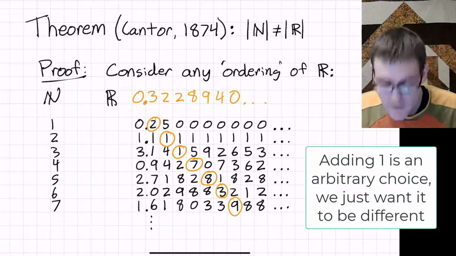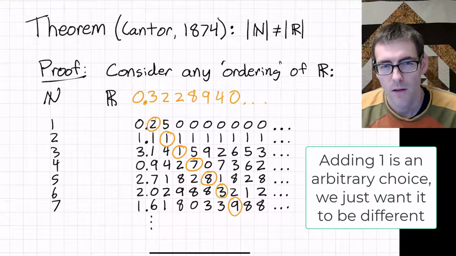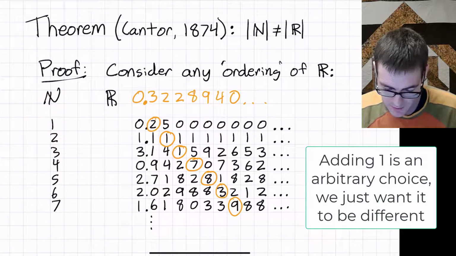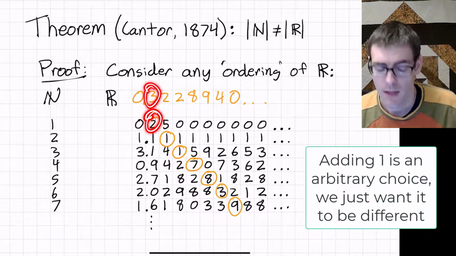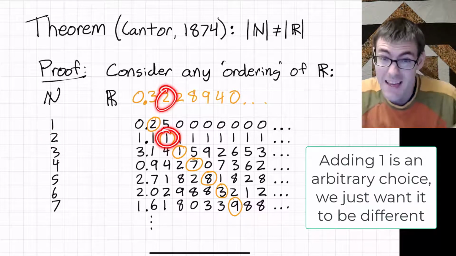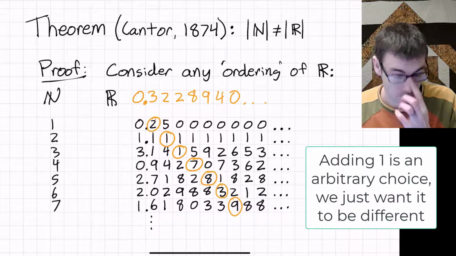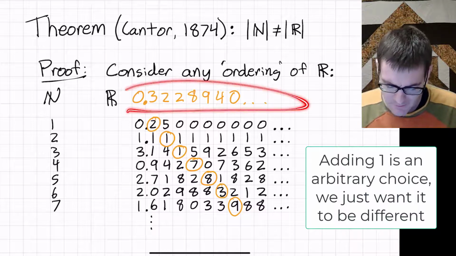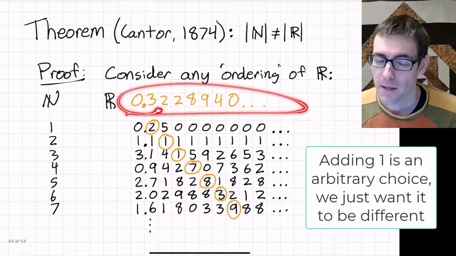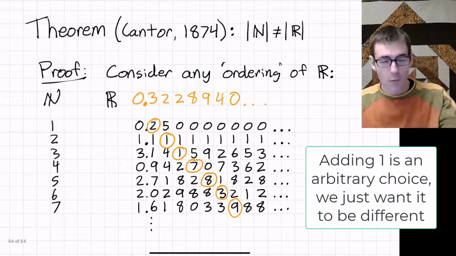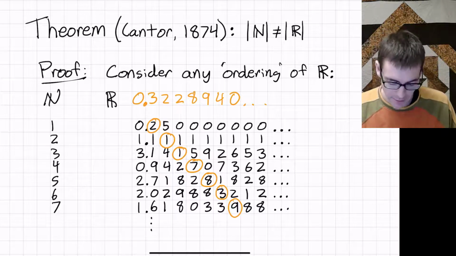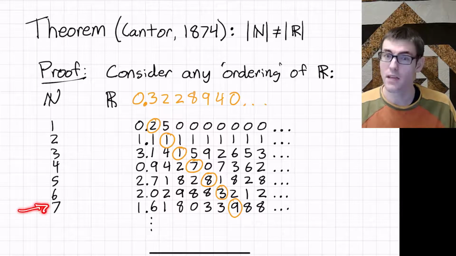Notice that this number that we've come up with has to be different than the first element in this list because, hey, the decimal's different. It has to be different than the second number in this list because, hey, its second digit is different. So you say to your friend, hey, what about this number? Where is this number on your list? And no matter how far down the list you go, if you ever pointed to an entry in the list, maybe you're like, oh, well, did you try the 7th one?